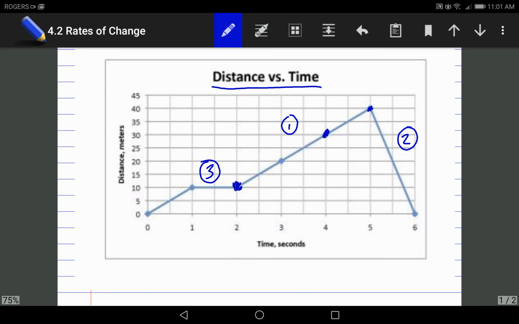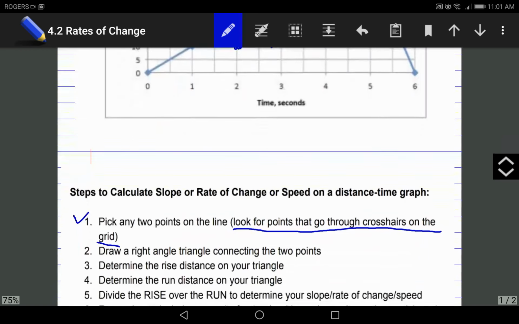It doesn't really matter which points you pick, as long as they're 2 points that go through crosshairs and they're easy to work with because of that. All right. So because I've redrawn this in here, this point and this point, I will stick with these 2 points. Now let's go back down to step 2.